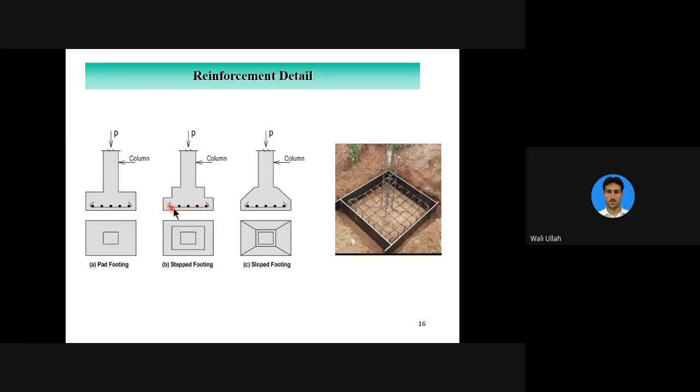So that's why you have provided bars in the lower part of the foundation to increase the tensile resistance. And this is a practical picture.